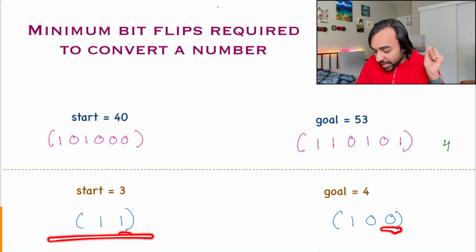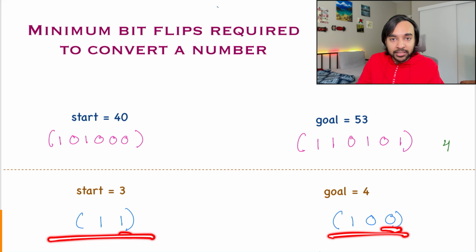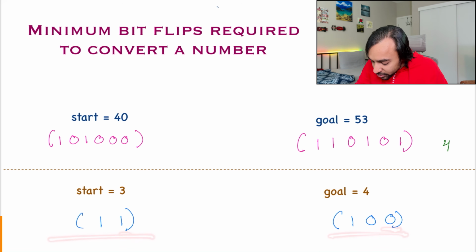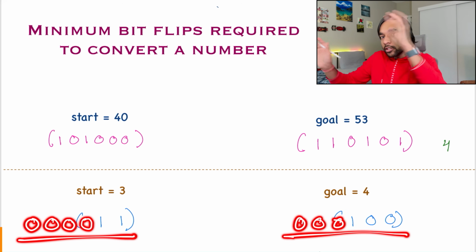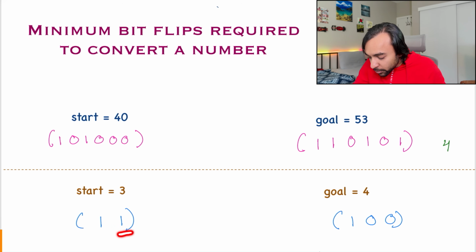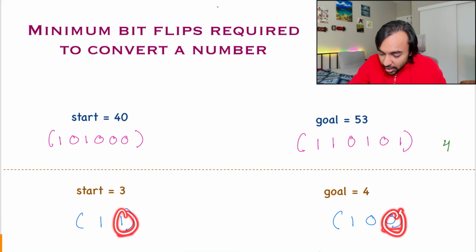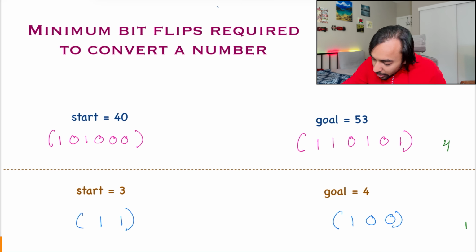Because notice that this only has 2 bits where this has 3 bits. If you think about it from a broader angle, this also has 3 bits because all of the leading bits are just 0. So it is better to start off from the rightmost bit. Do you have to flip this bit? Yes. So I need to flip at least one bit.